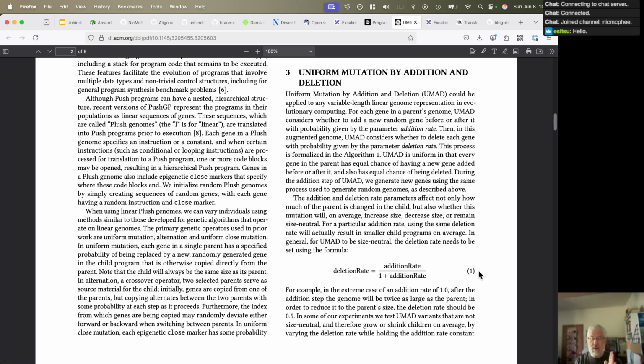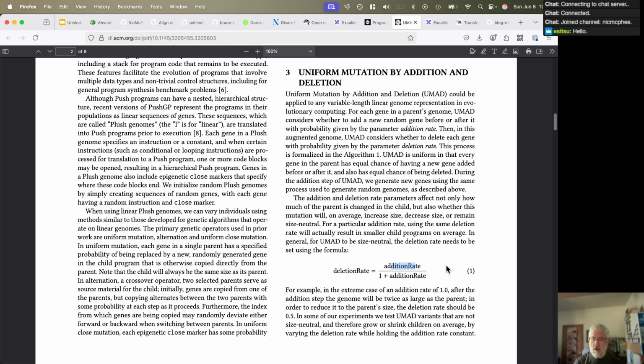You flip a coin to decide: do you put a gene in there? The likelihood of adding a gene is this addition rate. If you decide to add a gene, you choose one at random in whatever makes sense in your universe, and you insert one there. Then you move to the next position between two genes, decide whether to put one in, and so on to the end.